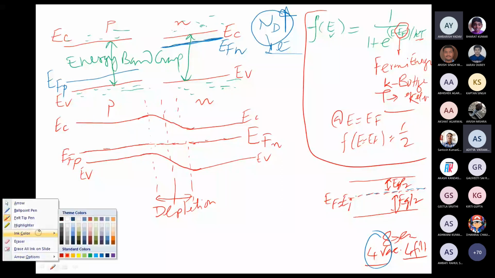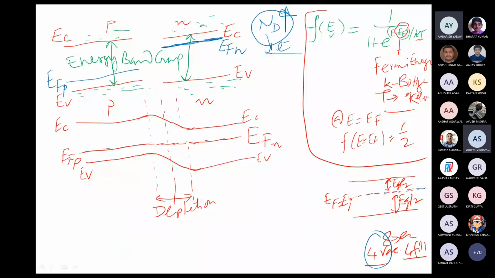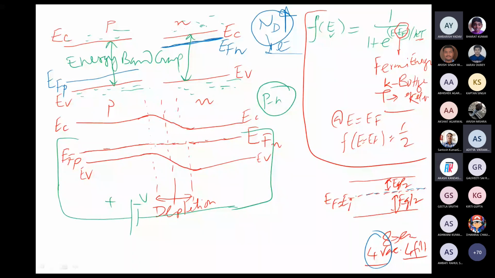Now here this is the case when we put p and n type of materials together without any other external potential source. Now if we put a potential source also on the p and n side, by some external voltage source, then again we will see the similar thing happens here.